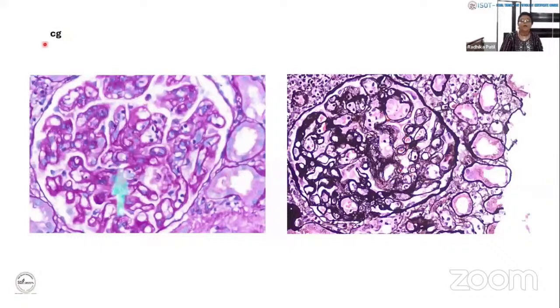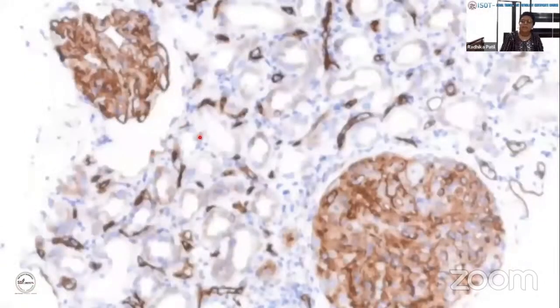So this is graded according to the most severely involved glomerulus. CG1A is seen only on electron microscopy. On light microscopy, CG1B is seen. And C4D was diffusely positive. It was showing strong linear continuous positivity along the peritubular capillaries and along the glomerular basement membrane.